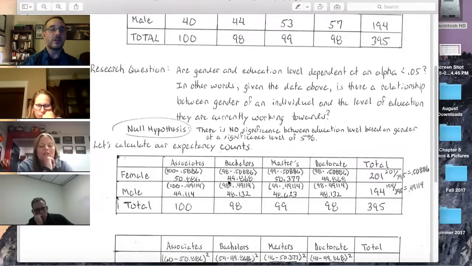If just a little over 49 of them are going to be female. 98 times our probability for our males, the 0.49114, out of 98 of them, 48.132 of them are going to be males, okay? We do that for each of our categories here.